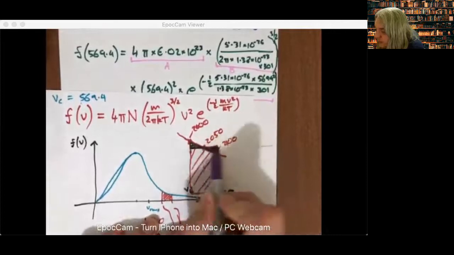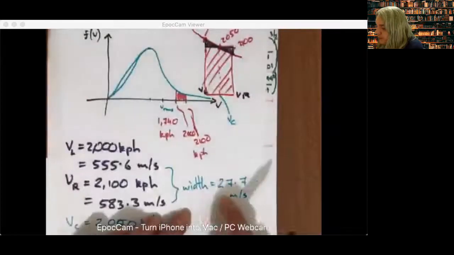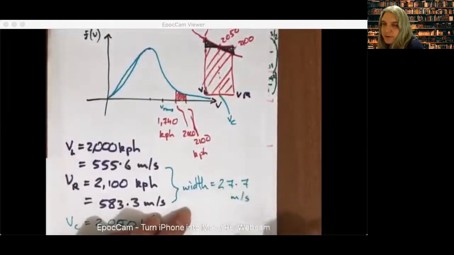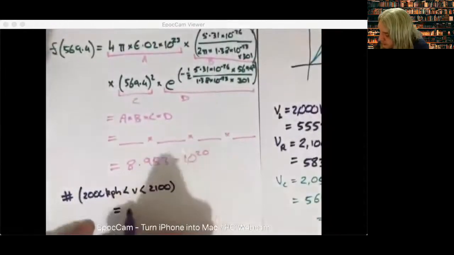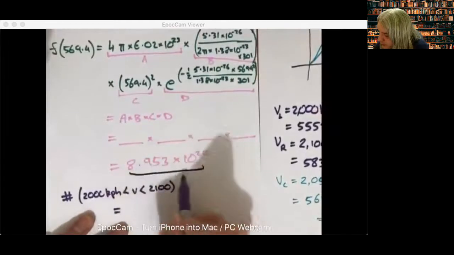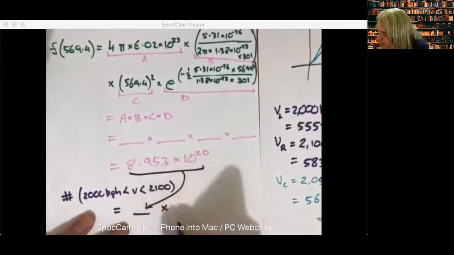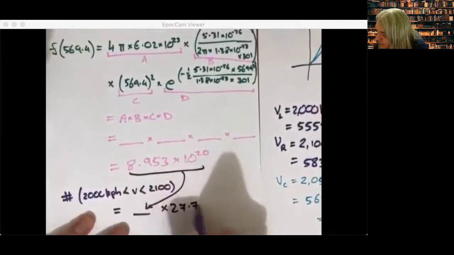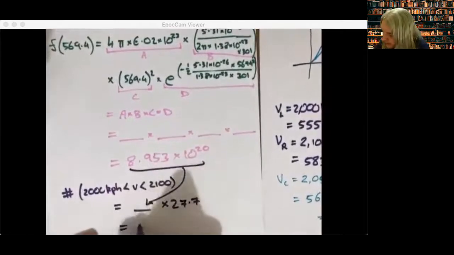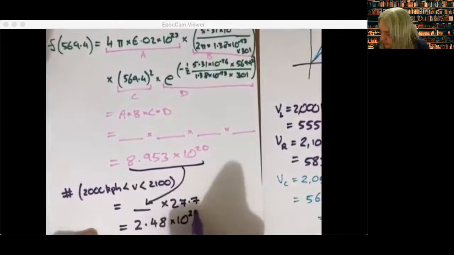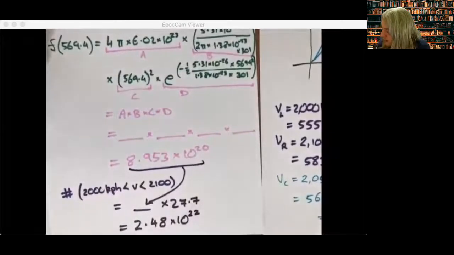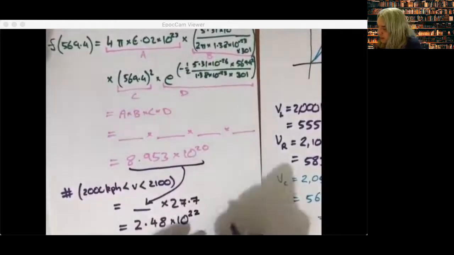And now we've got to multiply it by the width, which we said was the difference in the two velocities. So that will give us the area. So it is equal to this number, right? That number times 27.7, which for me comes out to be 2.48 times 10 to the 22. So that's how many molecules there will be.